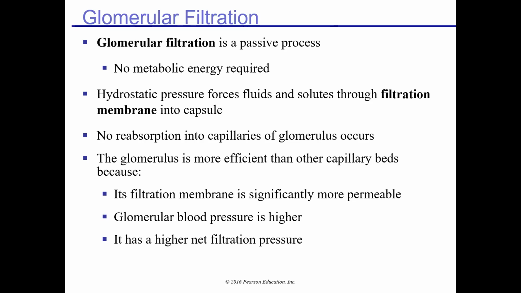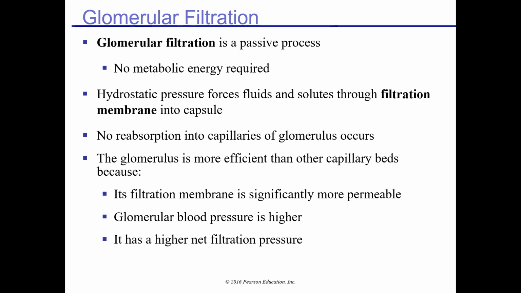The reason this area filters and other capillaries don't is because most capillaries aren't penetrated, for one thing, and the pressure is higher here. Capillaries don't like high pressure, but these capillaries can handle relatively higher pressure. So we have a higher pressure in the glomerulus to push the plasma out.